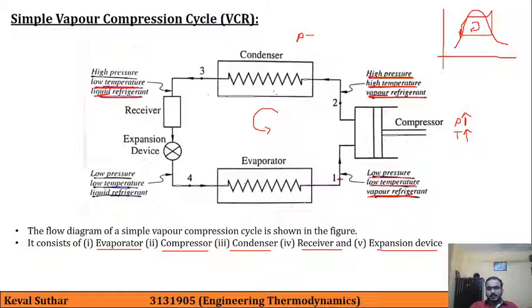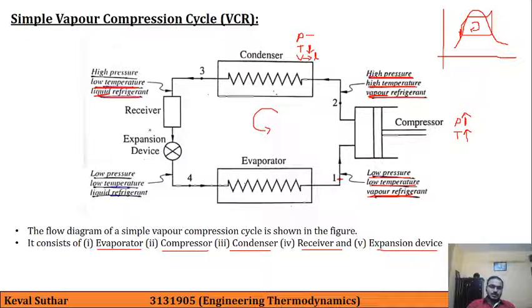and the temperature gets reduced, and here phase change happens. That is, in the condenser we go from vapor to liquid. So at the exit of the condenser we have liquid refrigerant. Then we will discuss the receiver later on, and then we have the expansion device where expansion will happen.